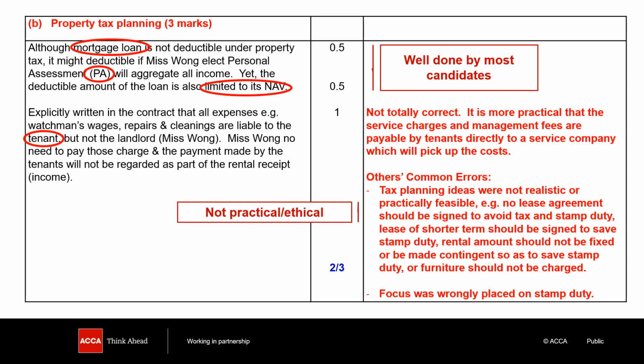For example, you may say something like, despite stamp duty would not be payable if the written instrument is not signed, it is not practical in this case to suggest the landlord not to sign the lease agreement, as this will not give sufficient protection to the taxpayer as a landlord. If you say so, you will gain some professional marks under commercial acumen.